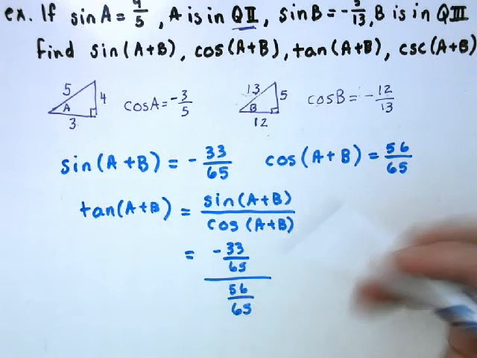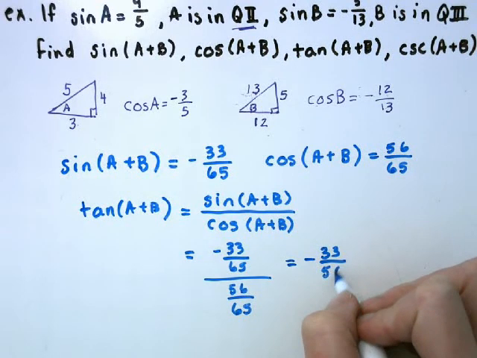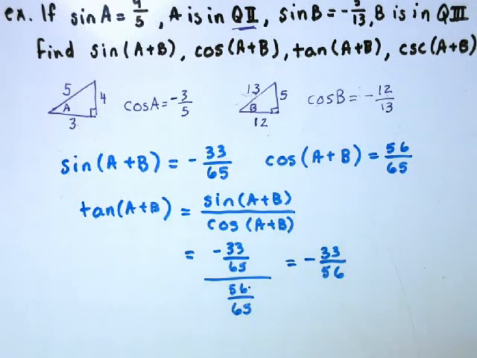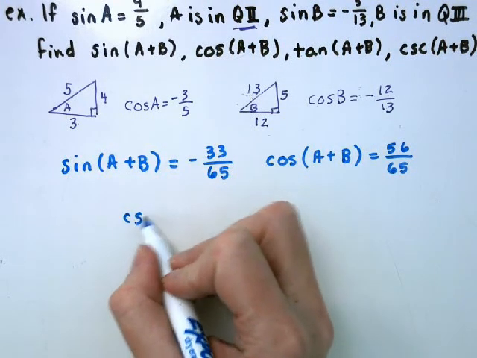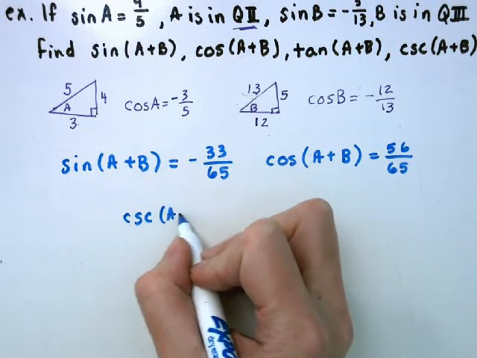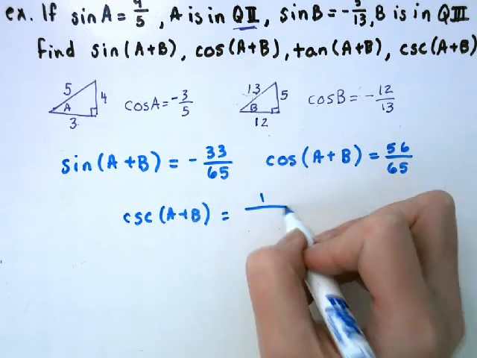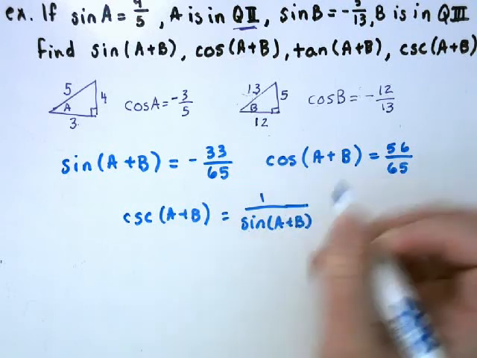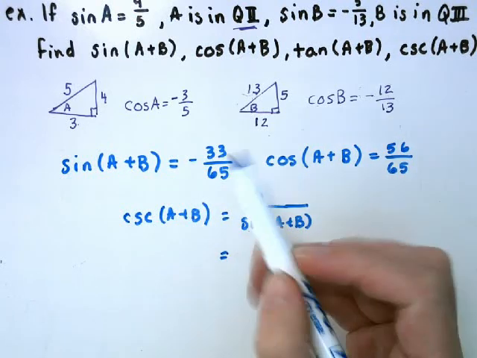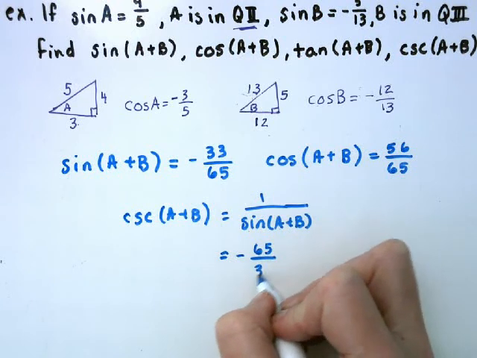Well, we have the same denominator here, so this is going to be negative 33 over that 56. Last is cosecant. Well, that's just going to be 1 over sine of whatever A plus B is. So that's going to be the reciprocal of this, so negative 65 over 33.